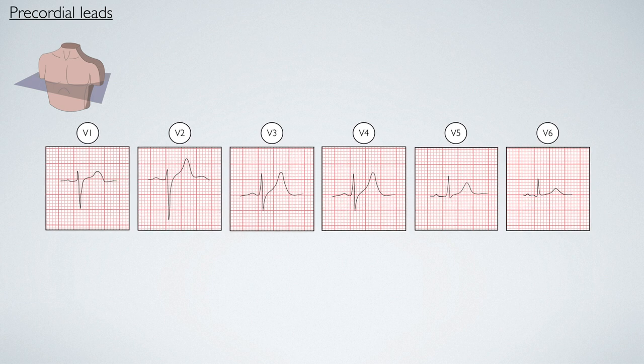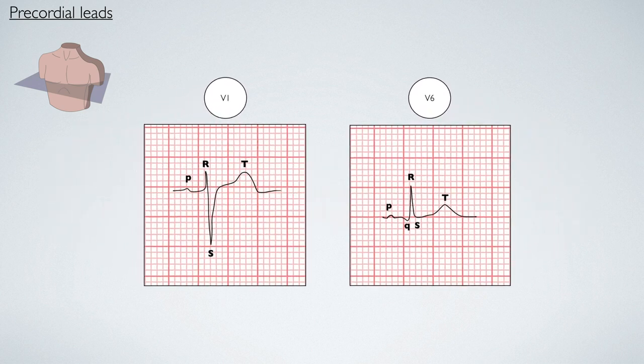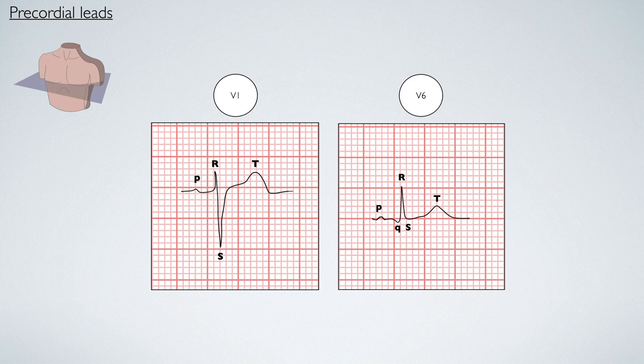You'll note that all views have P waves, QRS complex and T waves, but there are variations in the QRS complexes. For example, if you look at V1, you'll notice that there is no Q wave, and instead we have an R wave and a deep S wave, an RS complex.